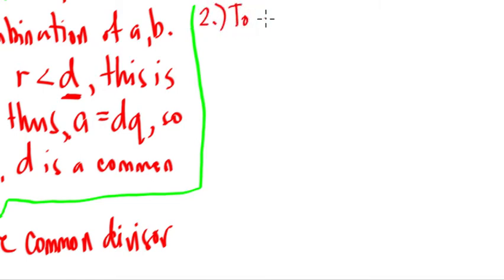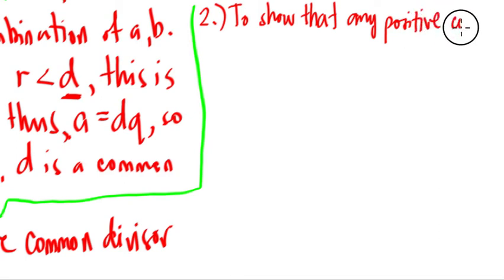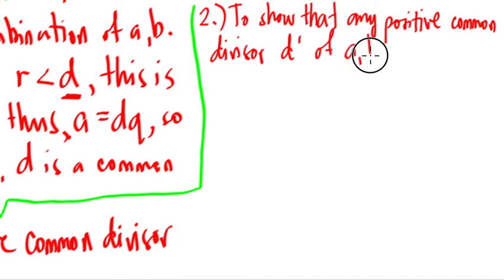To show that any positive common divisor, we'll call that common divisor D prime, of A and B, is less than or equal to D, not strictly. So we want to show that.